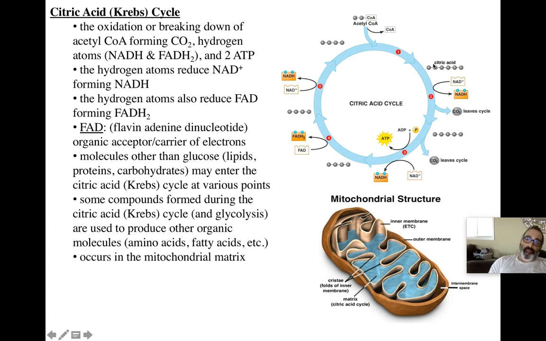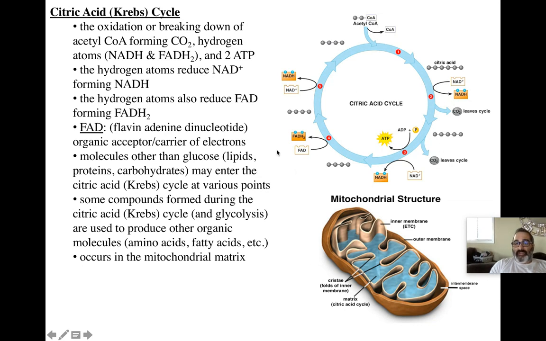So it would skip the modification step of pyruvic acid, because it never gets to pyruvic acid if it didn't start out as glucose. Something has to enter the citric acid cycle, so your body converts them into something like citric acid, and then the citric acid cycle can proceed. That's what these statements are saying: molecules other than glucose may enter the citric acid cycle at various points.